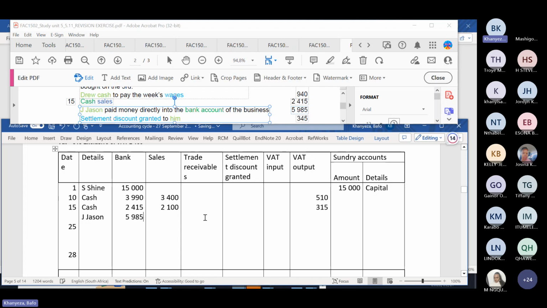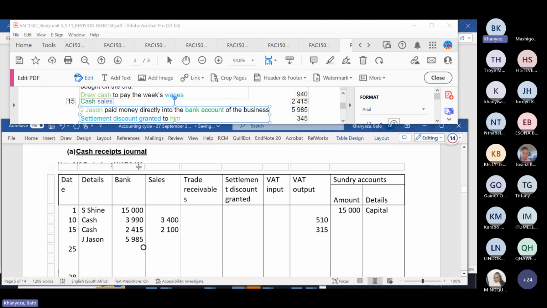So what was this money for? It was for trade receivables. We gave Jason a settlement discount of 345, so I have to split the settlement discount. The VAT is on the settlement discount, because we won't calculate everything on this 345.